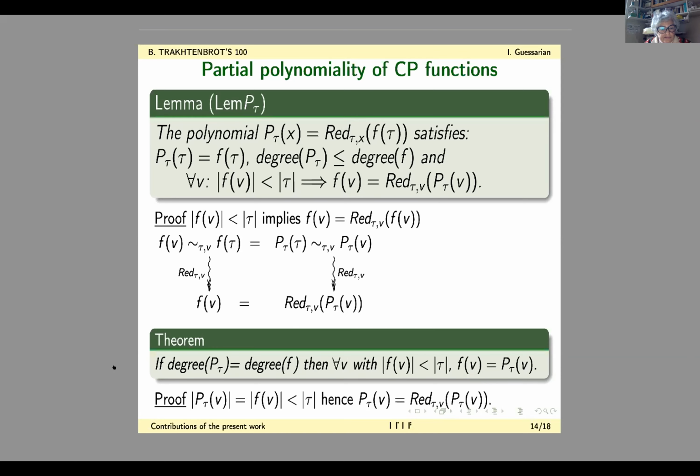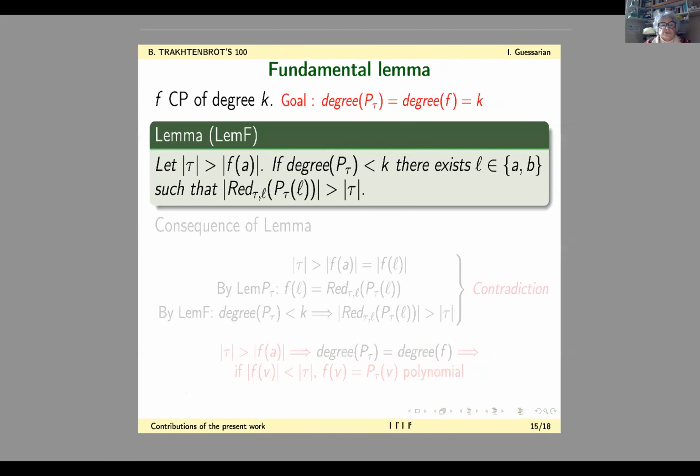So we want to get this degree of p tau equal to the degree of f. How shall we manage this? We will show this using this lemma, which gives a funny condition and then a contradiction.